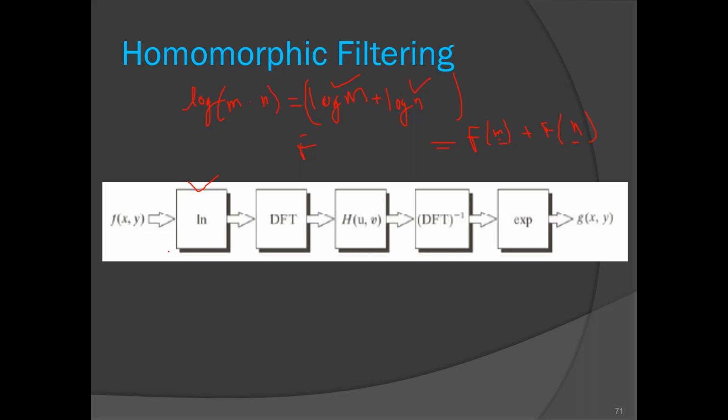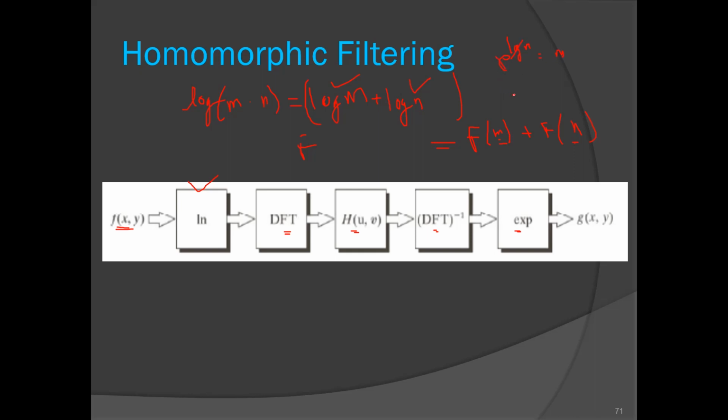So what is our idea? We take a log of our f of x y, then we do the Fourier transform, then we apply some mask and then the inverse, and the opposite operation of logarithm is exponentiation, right? We know that e raised to the power log of m is nothing but m, so the log and e cancel out.